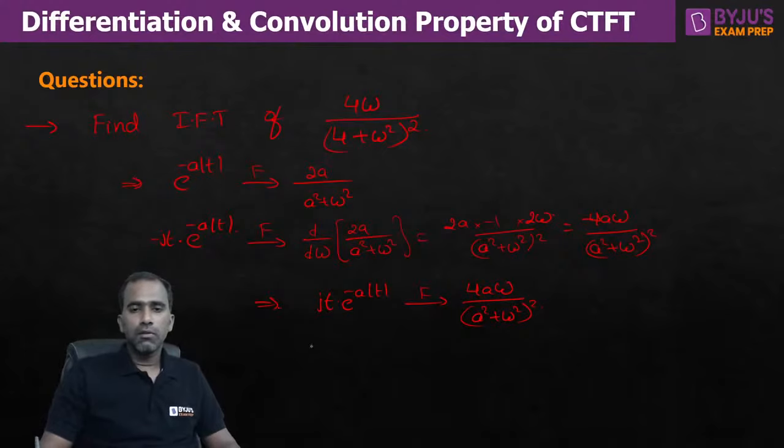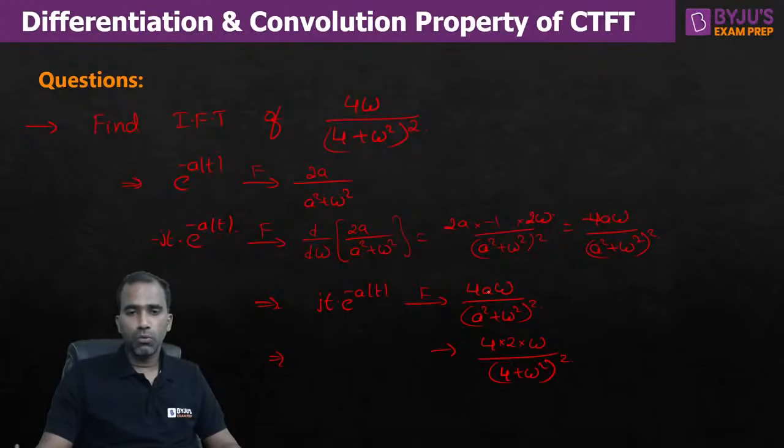Now, what is being asked here? The 4 omega: constants outside can be adjusted, but constants inside we can't adjust. So a square should be 4, which means a should be 2. So 4 into 2 into omega divided by 2 square plus omega square, which is 4 plus omega square, whole square. I'm substituting a with 2. Don't substitute a as 1 just because 4 omega is there.